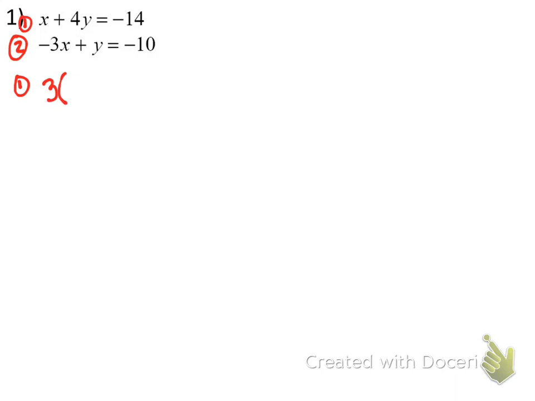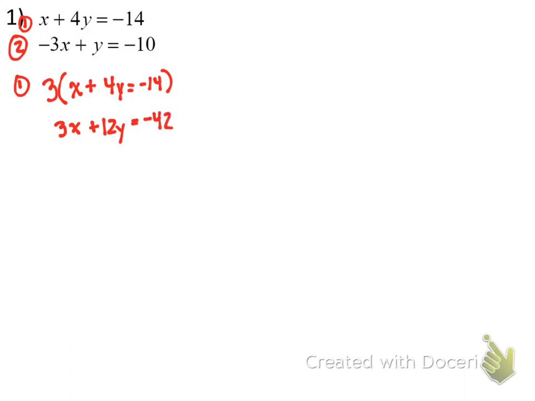So I'm going to take equation 1, open parentheses, write down equation 1, x plus 4y is equal to negative 14, close parentheses. Now I use the distributive property to multiply each of the terms on the inside. So it's 3 times x is 3x. 3 times 4y is positive 12y. 3 times negative 14 is negative 42.